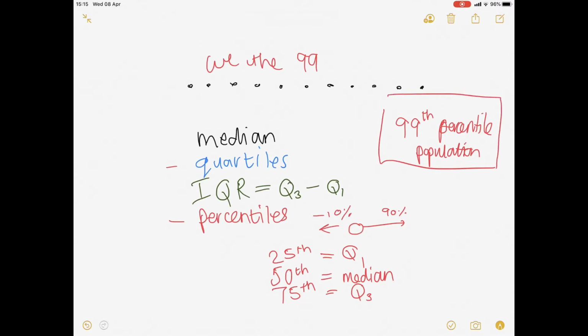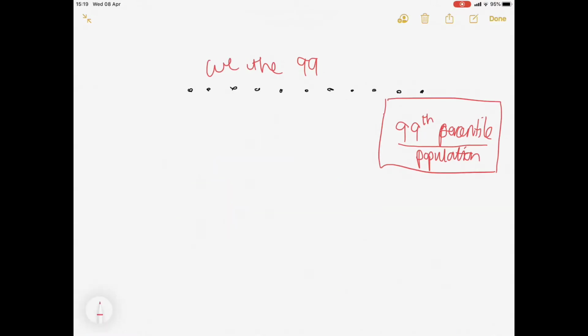That is saying that 99% of the American population falls below this 99th percentile, and only 1% of the population falls above that percentile. And so these people who are part of the 99th percentile mean 99% of the population, 99% of the people in America earn less than 1% of the income in that country.